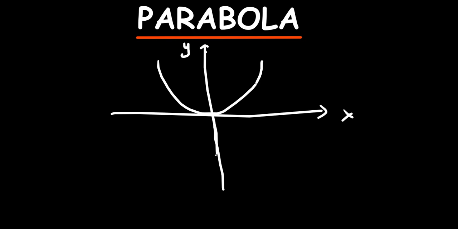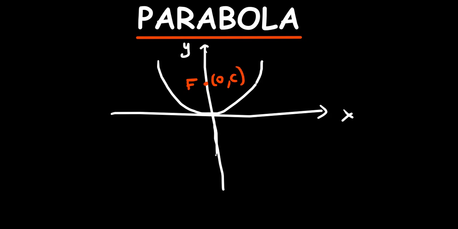Then it's saying a set of all points that are equidistant from a fixed point called the focus. Let's say our focus is there. Our focus will be represented by (0, c).